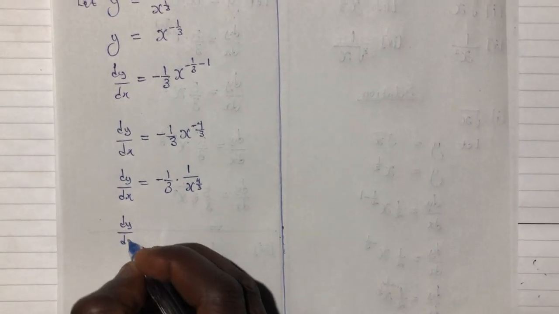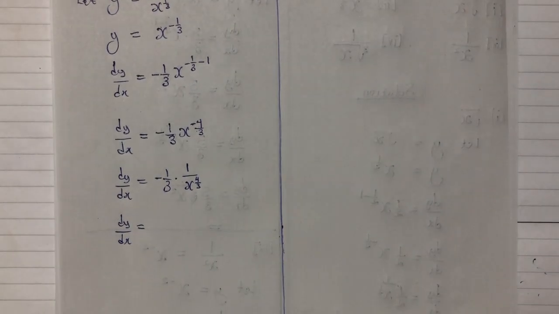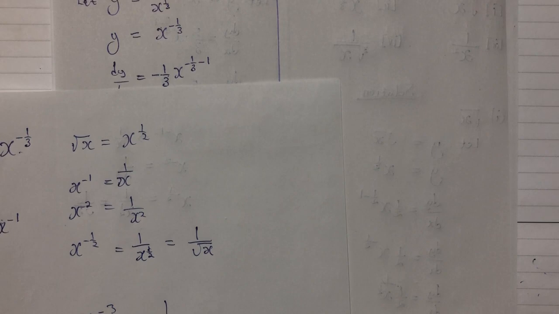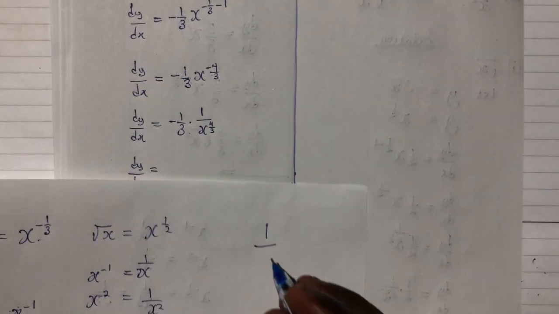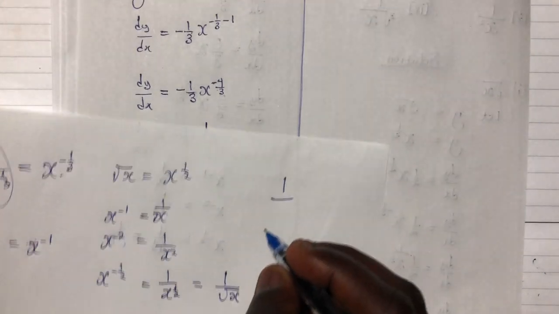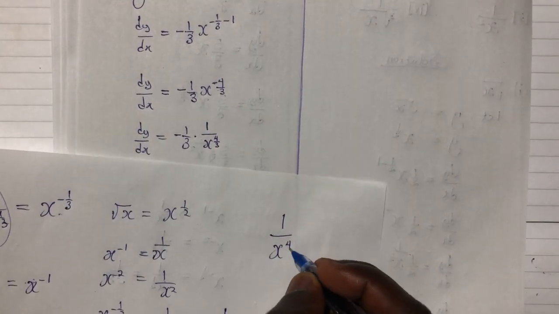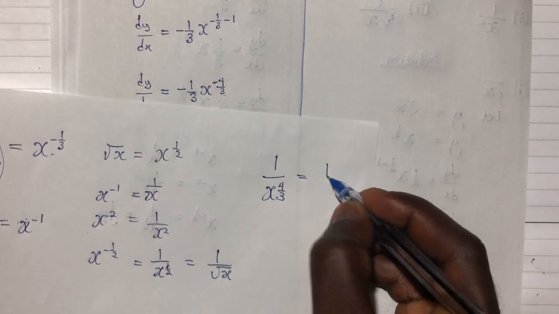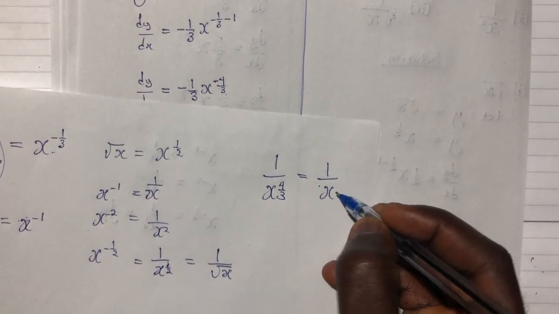For dy out of dx, we are now coming to apply another principle. I want to write it on the plain sheet first. If I have something like 1 out of x raised to the power 4 out of 3, then I can use indices to say it is the same as 1 out of x.